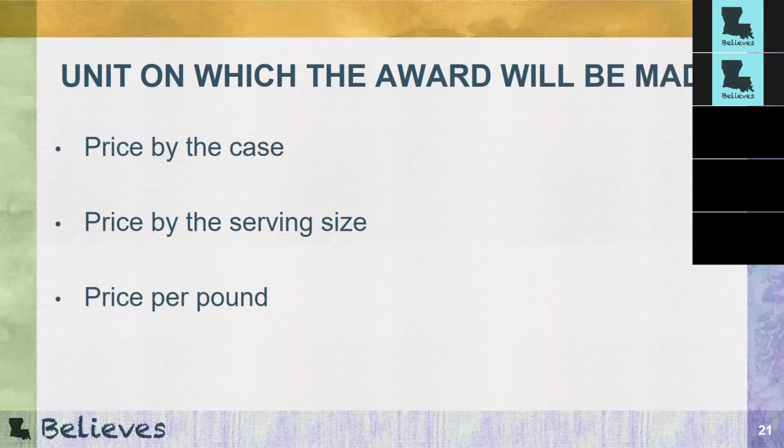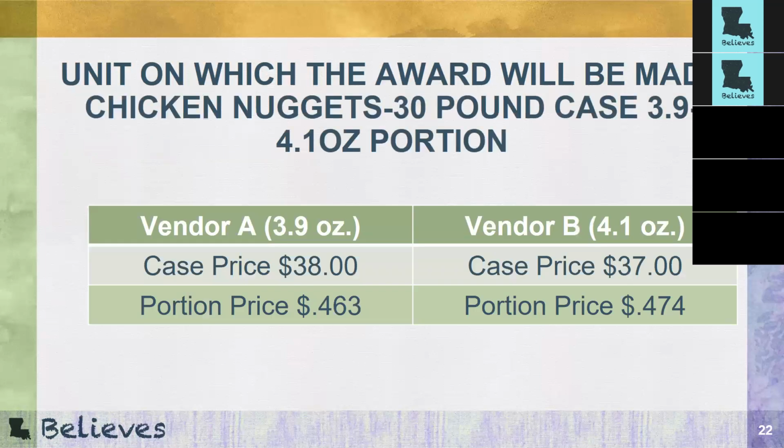Be careful when you're allowing weight ranges, as this could lead you to awarding an item to a vendor that does not have the lowest price. For example, if I use in my description a weight range of 3.9 to 4.1 ounces portion of chicken nuggets, such as in this example, it looks like vendor B has a lower case price.